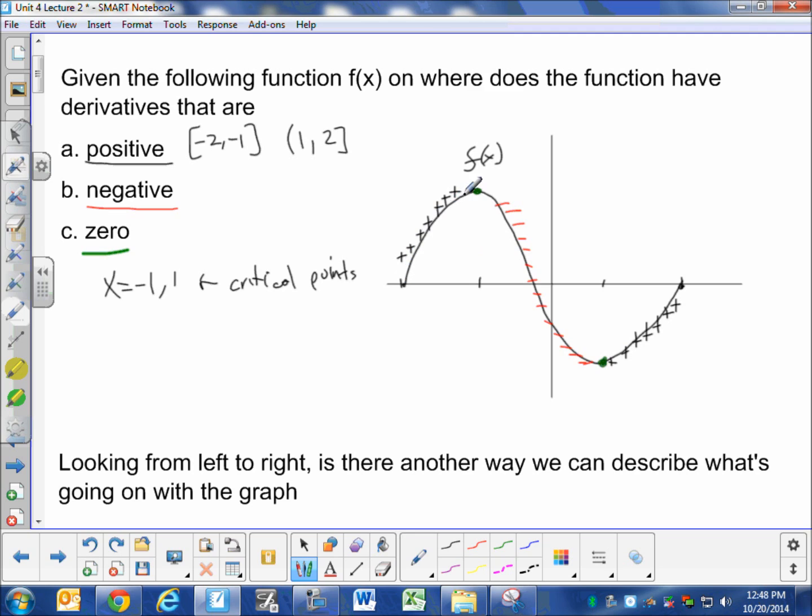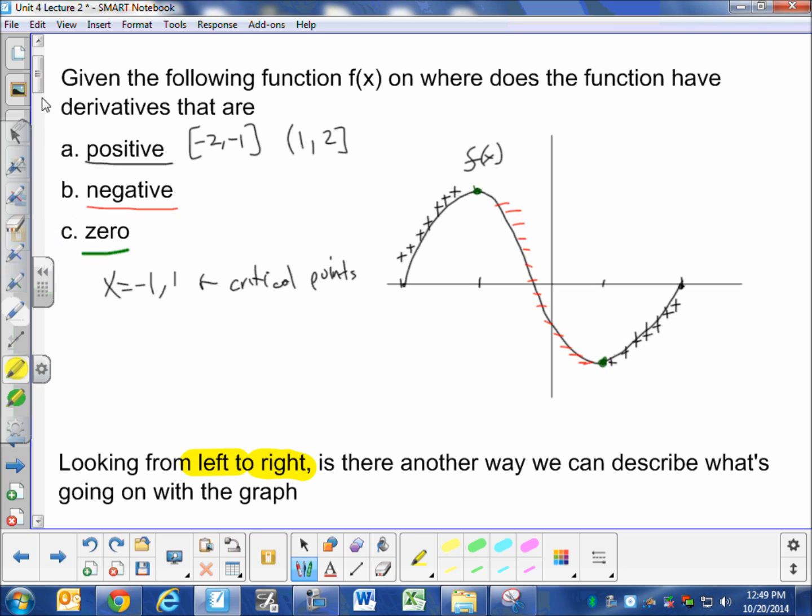So what is the graph doing when the derivatives are positive compared to the graph when the derivatives are negative, looking from left to right? Yeah, it's going up if the derivatives are positive, or it's going down when the derivatives are negative.